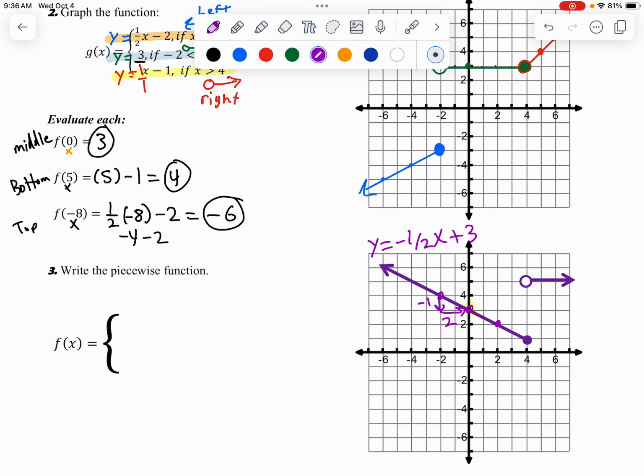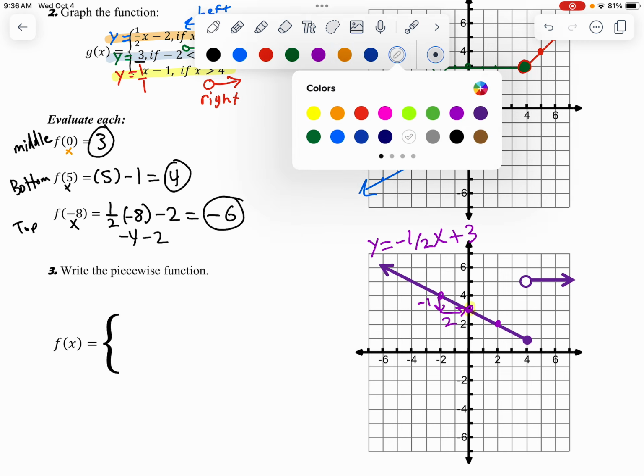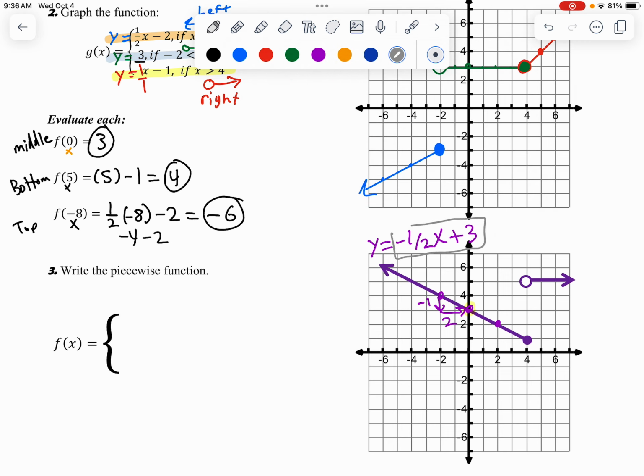We're going to take the right side of this, and we are going to write the -1/2 x plus 3. Now, the if part is going to deal with the x values. So the x values are starting at 4, and we're going to the left.